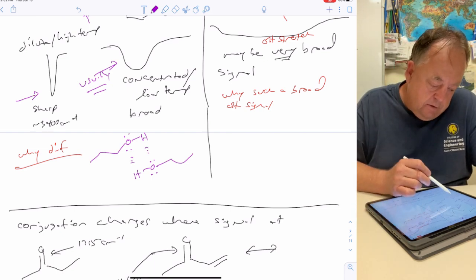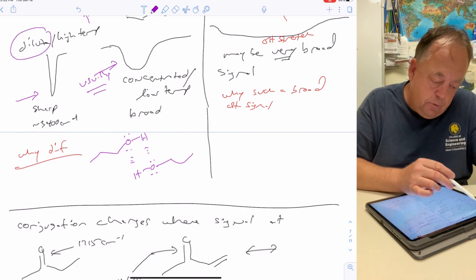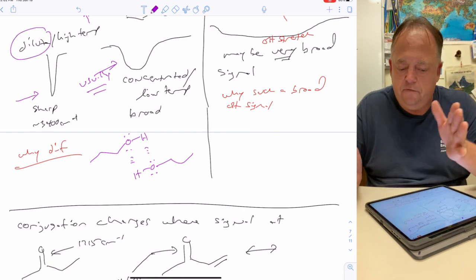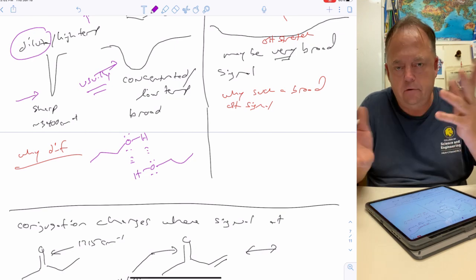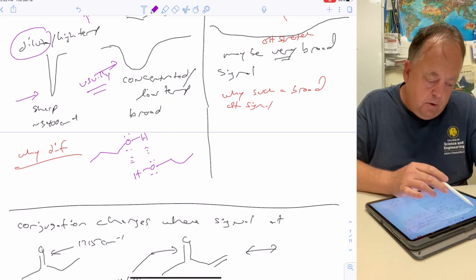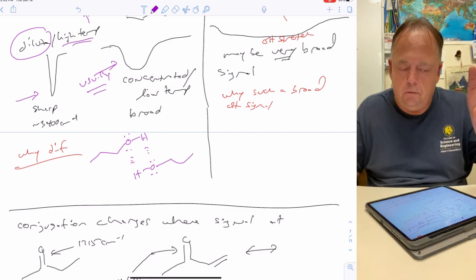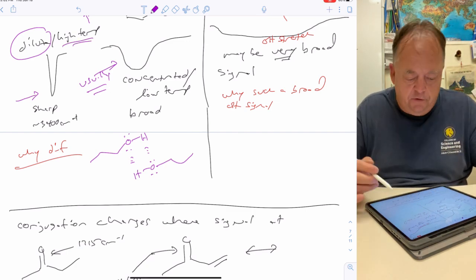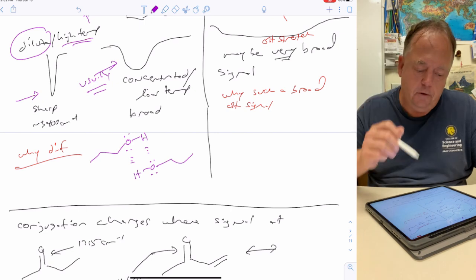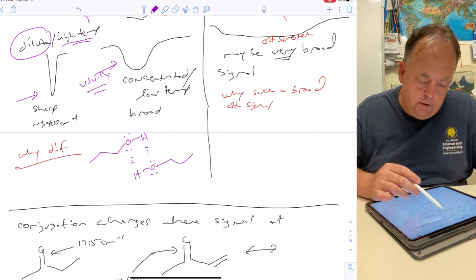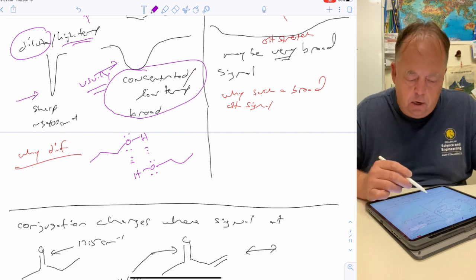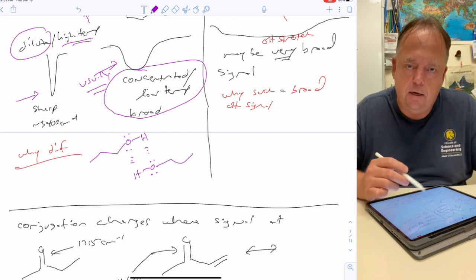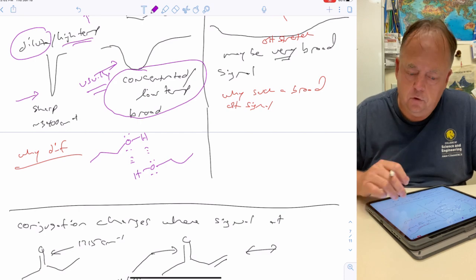If you went to very dilute conditions, that would disfavor hydrogen bonds, because if it's really dilute, then two molecules can't find each other. If two molecules can't find each other, they can't make a hydrogen bond. Or if you go to high temperatures, that would tend to disrupt hydrogen bonds. So if it's not hydrogen bonded, the peak's going to be sharper. But usually in most samples that you're working with in organic chemistry, it's concentrated enough that molecules are going to make hydrogen bonds, and you're going to see a broad signal for the OH.